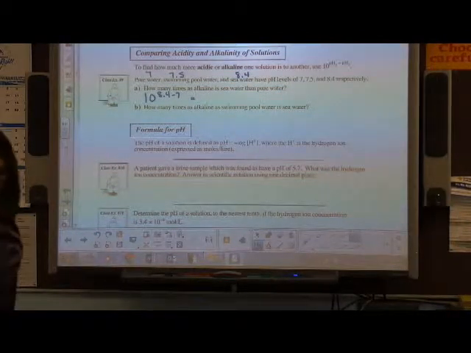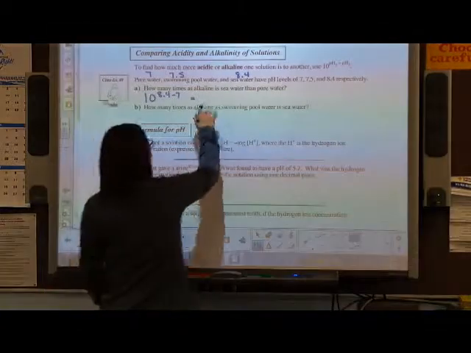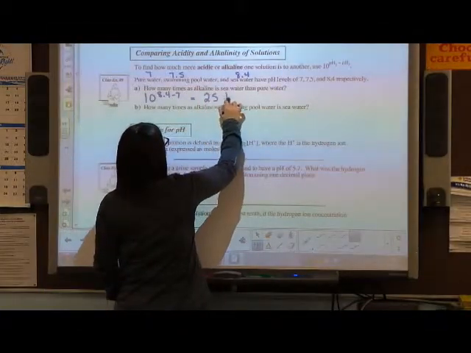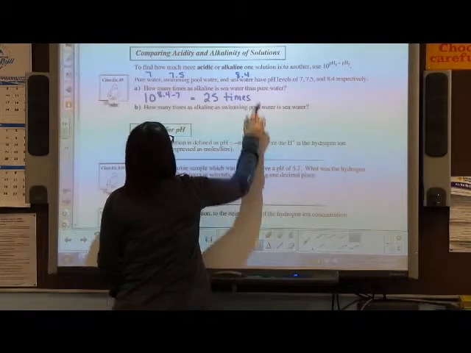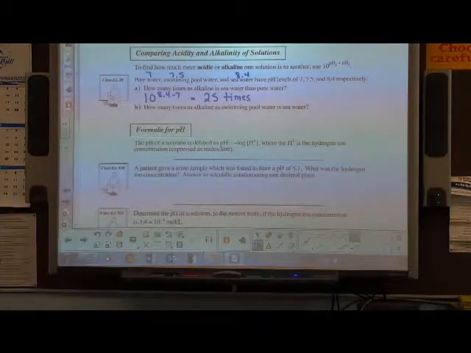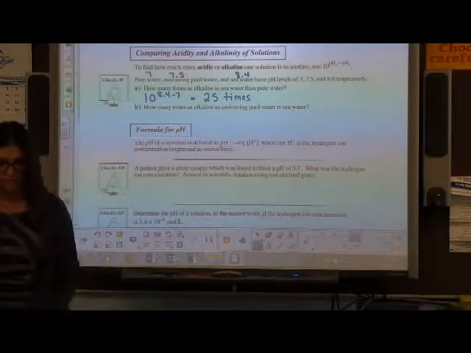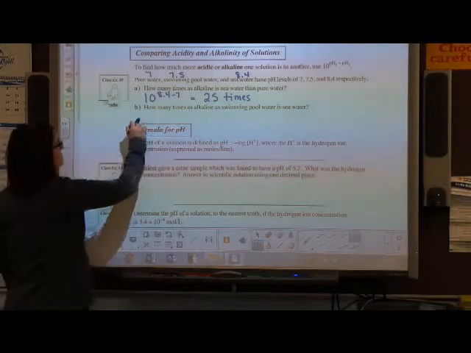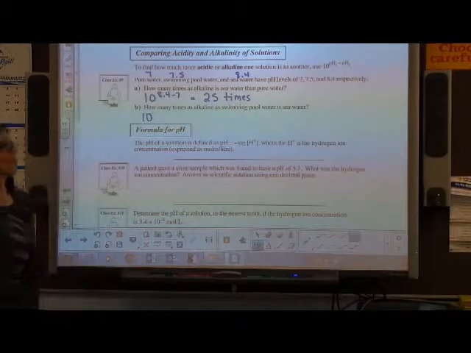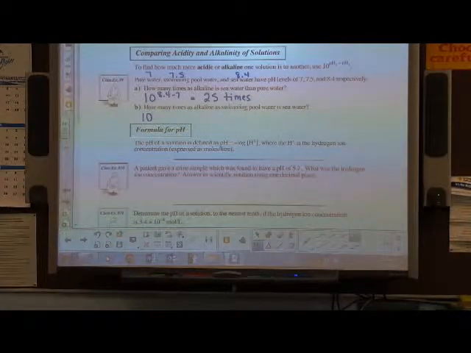What do you get? 25. So seawater is 25 times more alkaline than pure water. How many times as alkaline as swimming pool water is seawater? So is it 8.4 minus 7.5 or 7.5 minus 8.4?